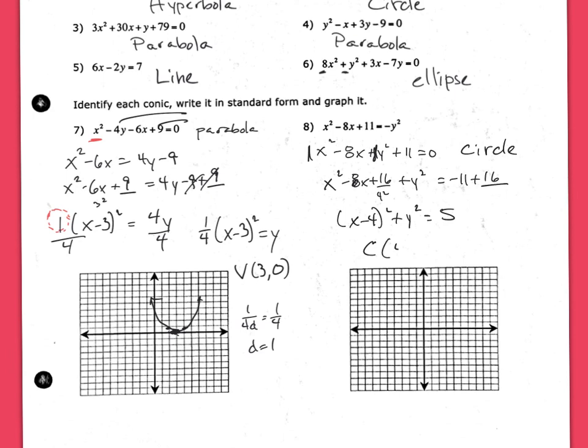So your center is at 4, 0, and the radius is the square root of 5. So the square root of 5 is a little bit more than 2. So go a little bit more than 2 in your 4 directions, and then do your best to draw a circle. Homework's on the back, so try those out.